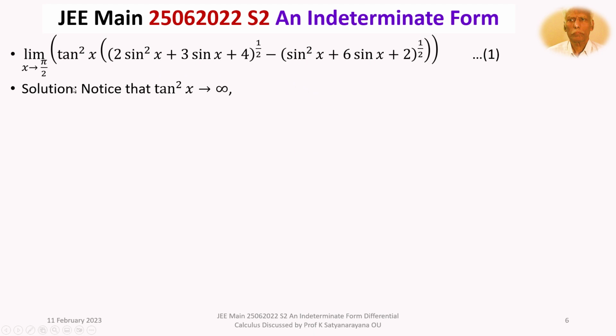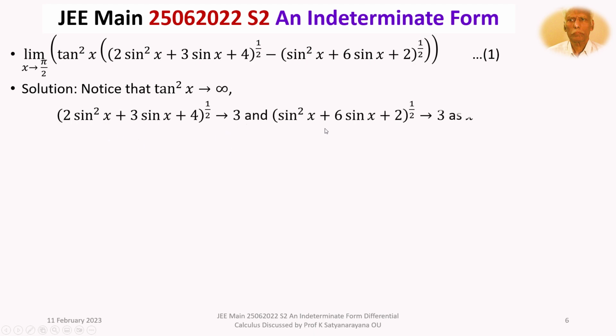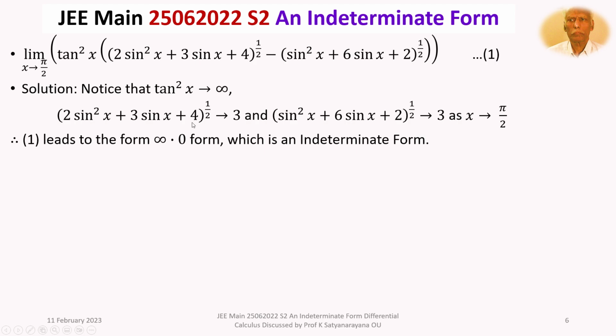So what we observe is, as x tends to pi by 2, this will be infinity multiplied by 3 minus 3, that is 0. That is infinity multiplied by 0, which is an indeterminate form.